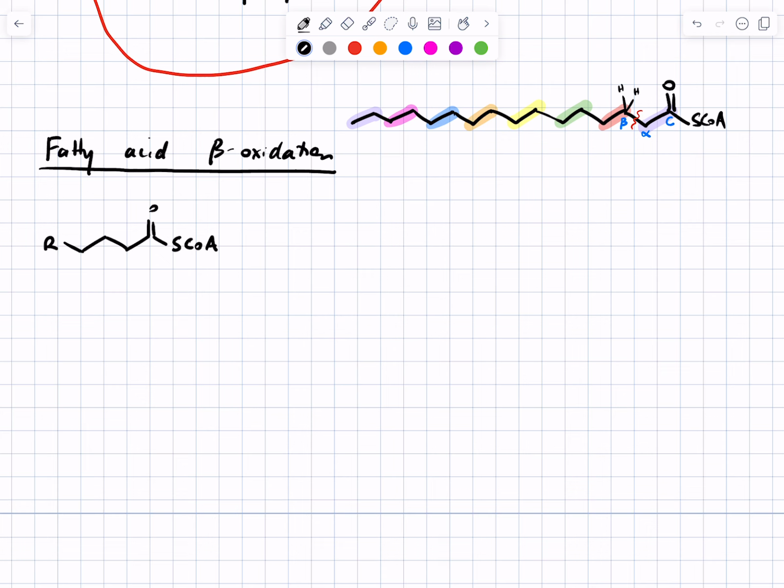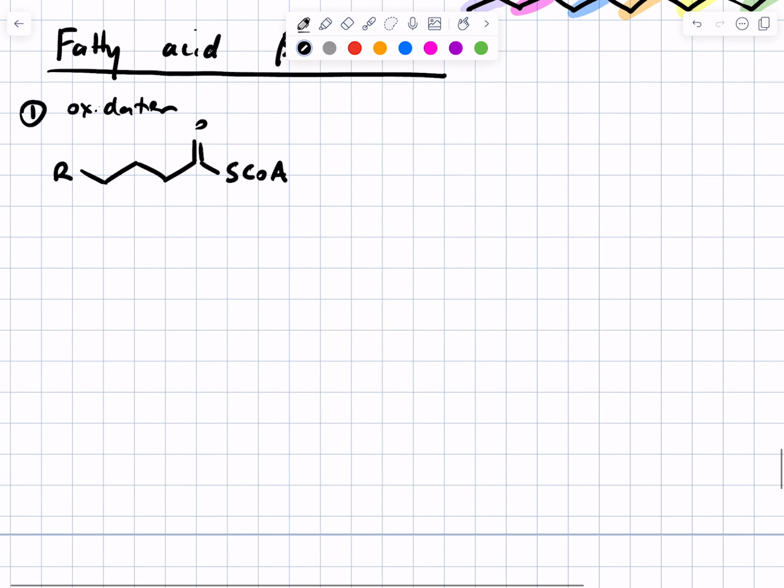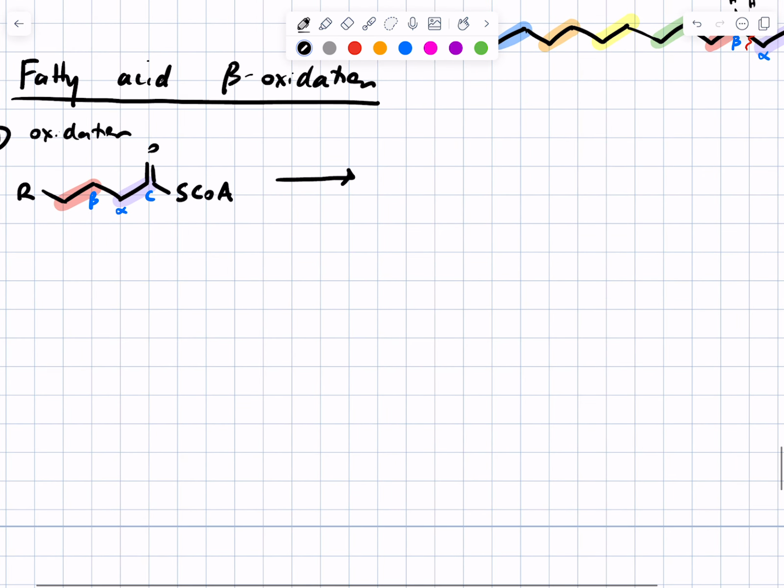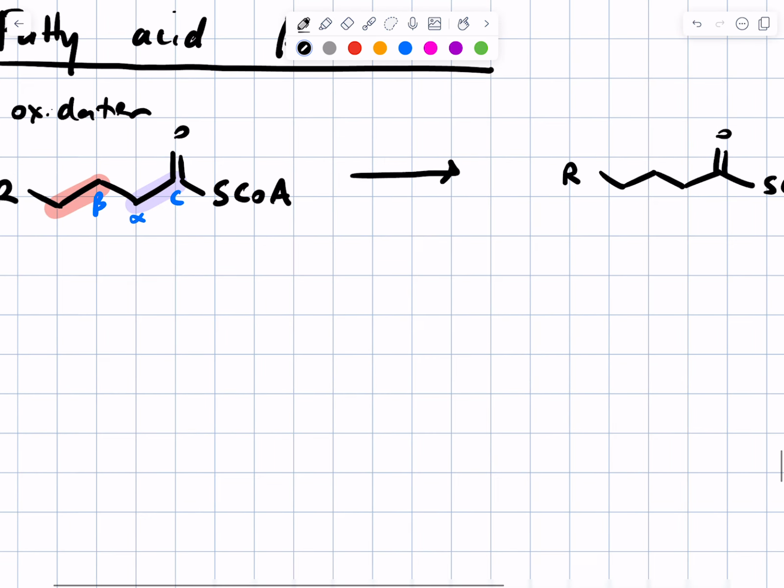The first reaction is an oxidation reaction, and it's going to convert this fatty acid into an alpha beta unsaturated carbonyl compound. So it's going to introduce a double bond between the alpha and the beta carbons.